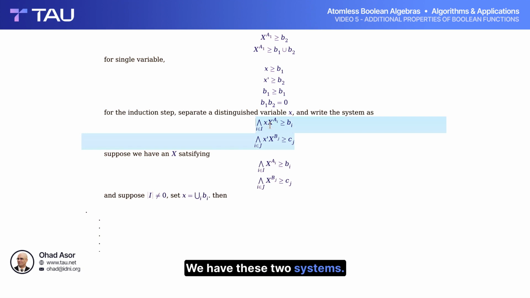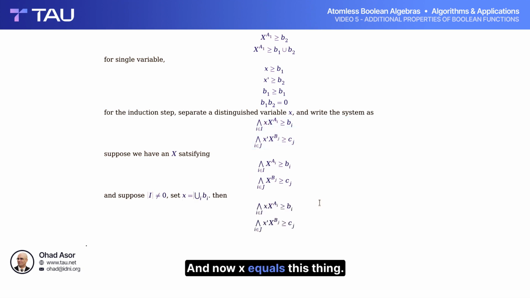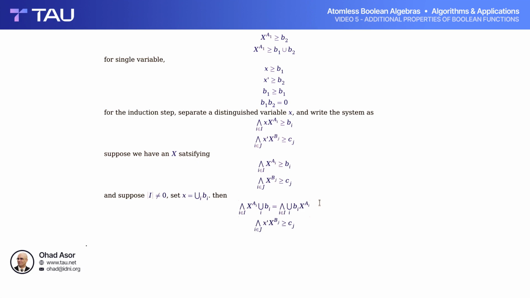Now let's see if it works. We have these two systems. And now x equals this thing. Let's put it here. And in this thing, I can put x ai right here inside. But we already know that ai, well, I need to change the indices, so let's call it m.